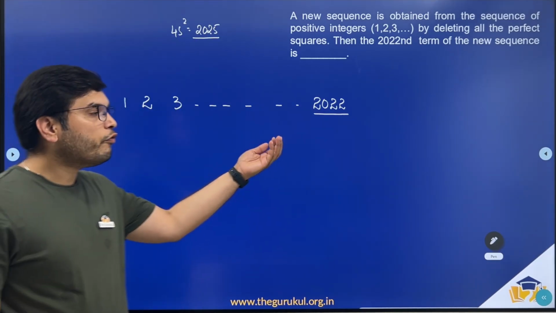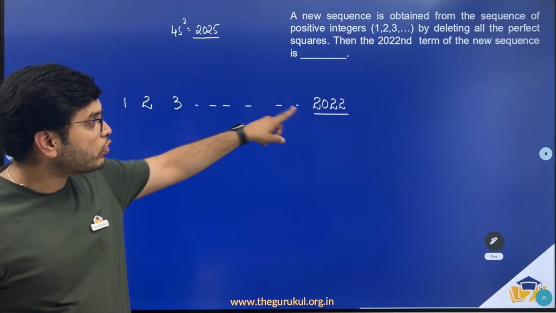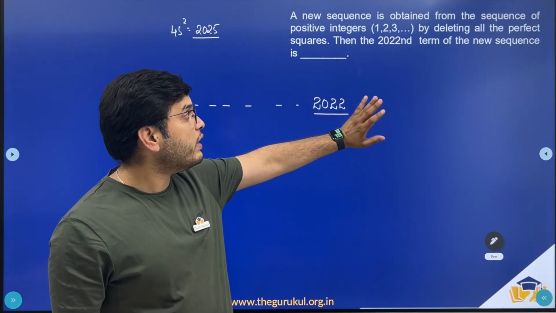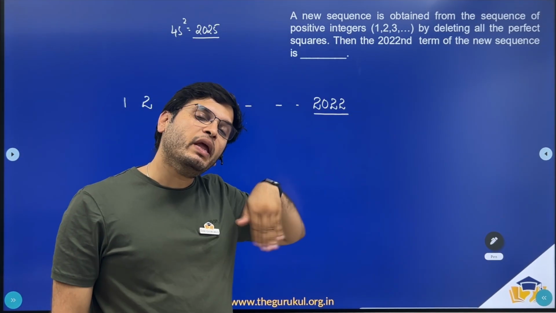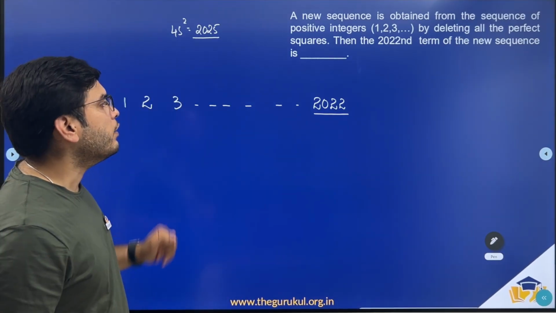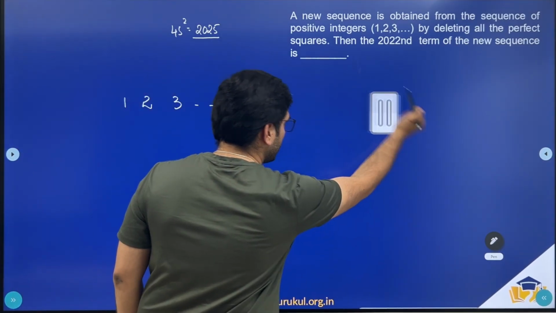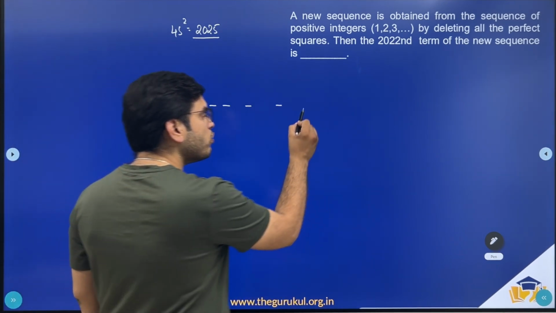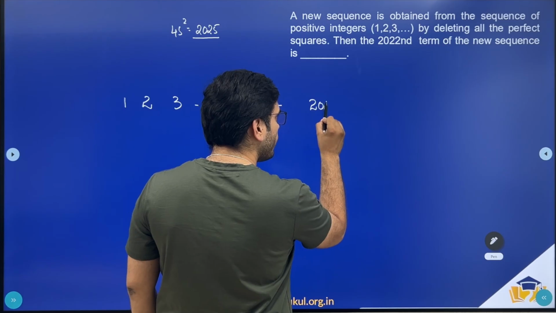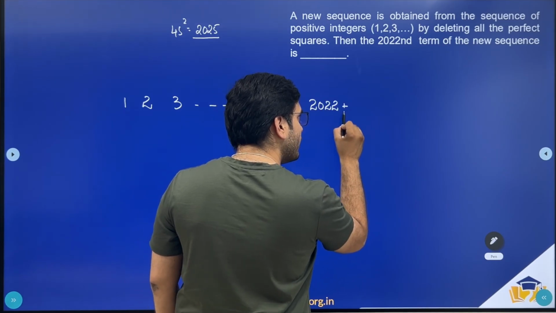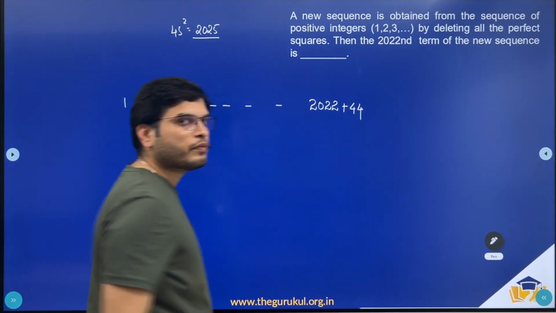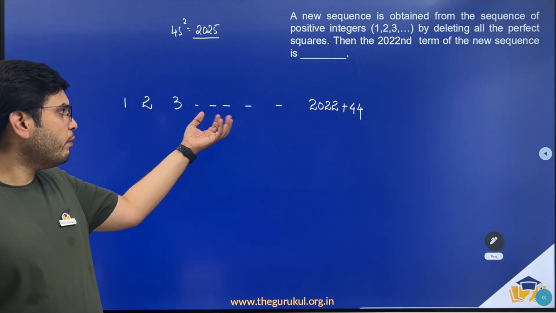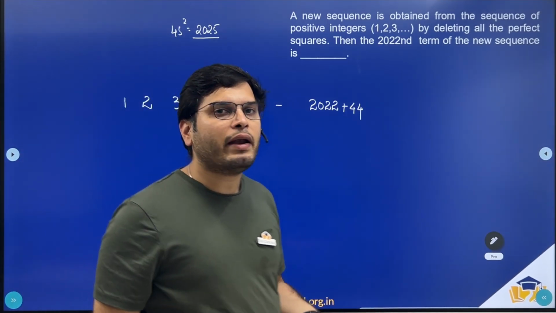So 44 numbers are deleted, so that's the reason the 2022nd term is not 2022, it will be more than 2022, right? Since 44 numbers are deleted, the 2022nd term will be 2022 plus 44.